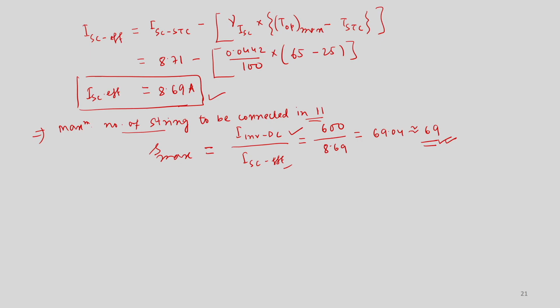We now know the minimum and maximum number of modules to be connected in series, and also the maximum number of strings to be connected in parallel. Let us now see the different possible arrangements of the module array.